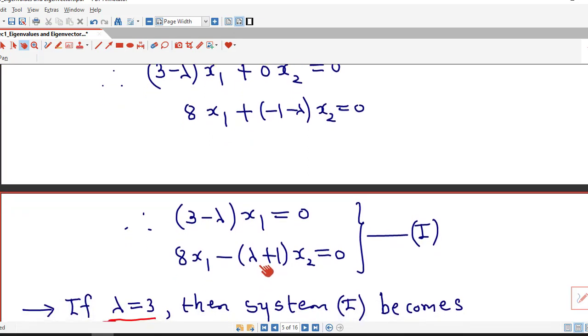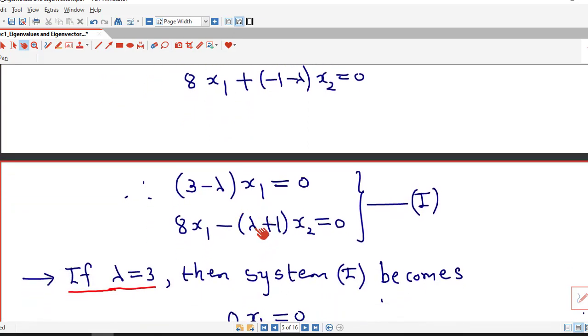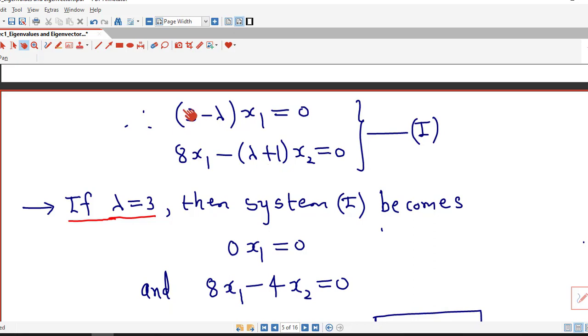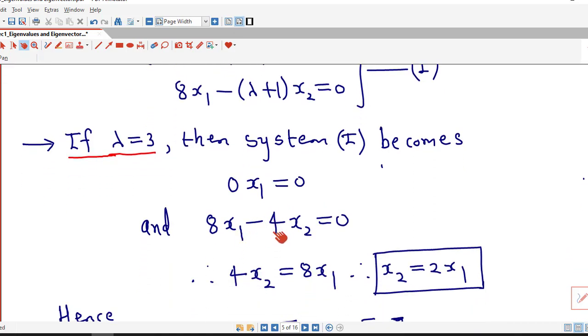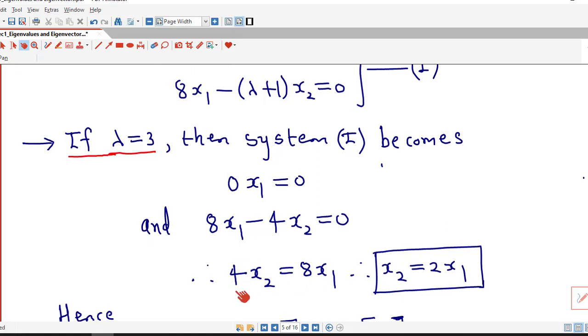First we put lambda equal to 3. Here we have 0 x1 equal to 0, and here we have 8 x1, and because lambda is 3, minus 4 x2 equal to 0. We can rewrite this as 4 x2 equal to 8 x1, and if we cancel out 2, we have x2 equal to 2 x1.